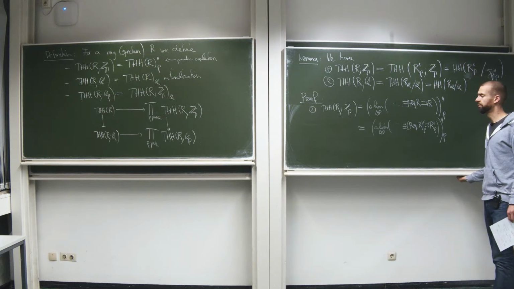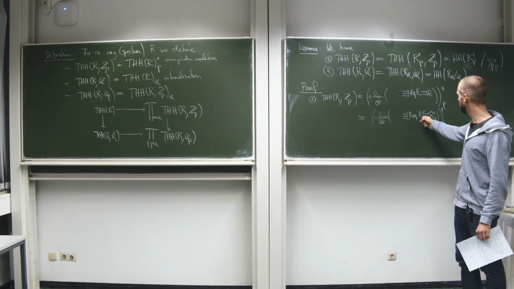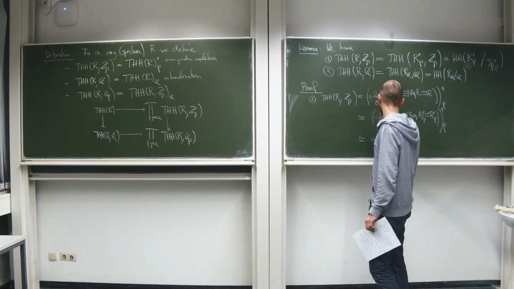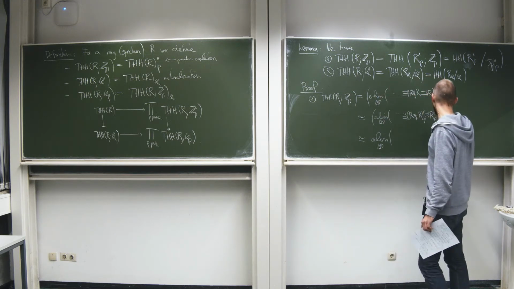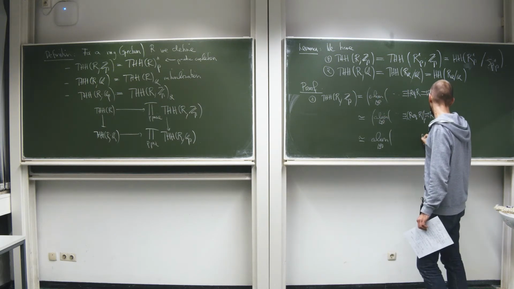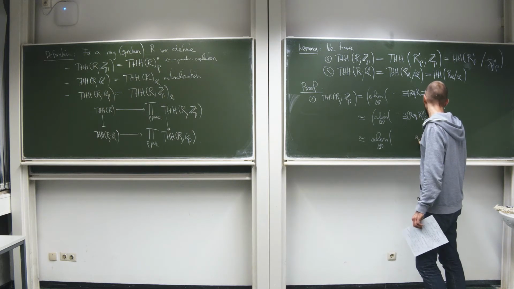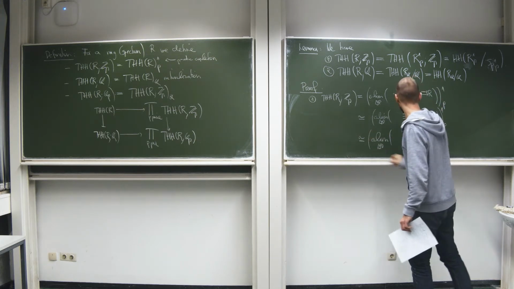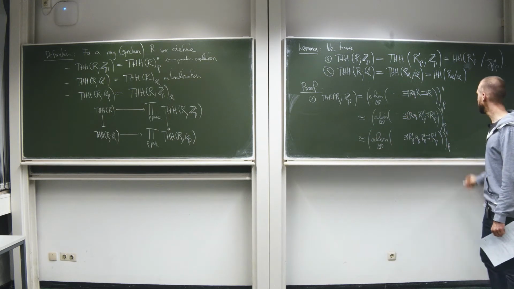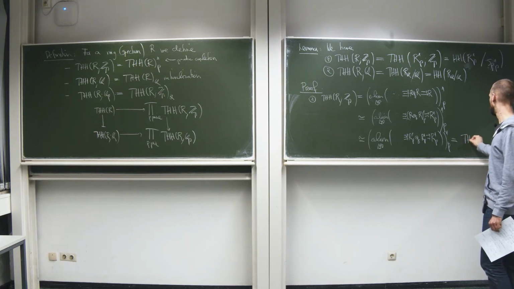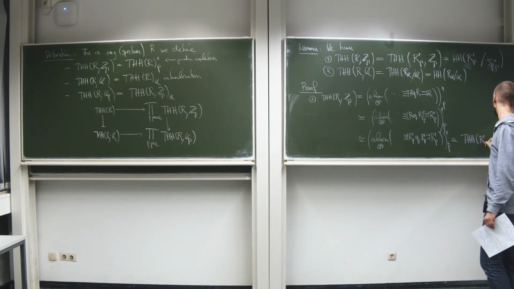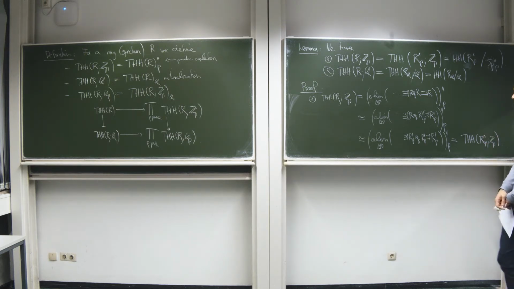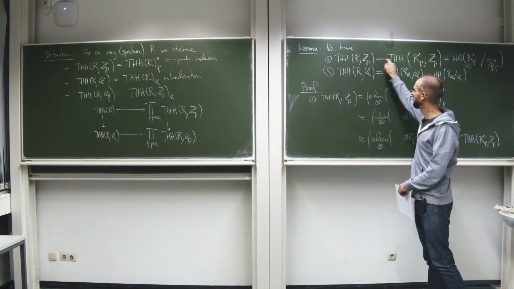Finally, you can also pull the p-completion through and p-complete all the single terms: R_p tensored over S with R_p, and so on. And in the end, you p-complete again. But this is then exactly the same as THH of the p-completion with p-adic coefficients. Okay, that proves the first equivalence here.